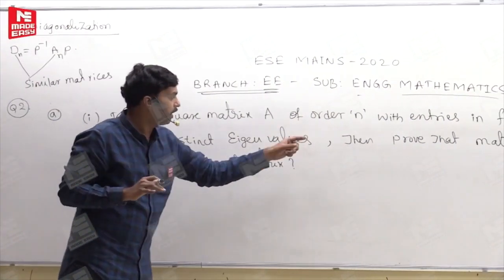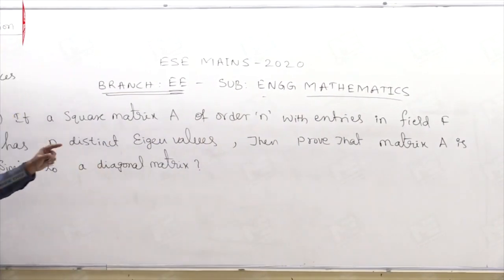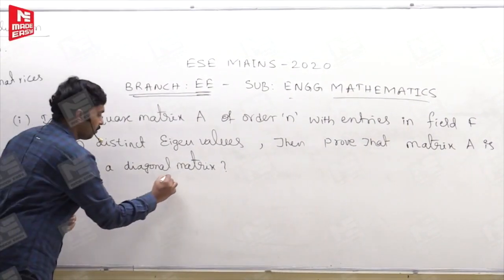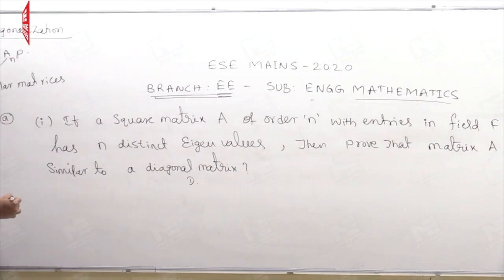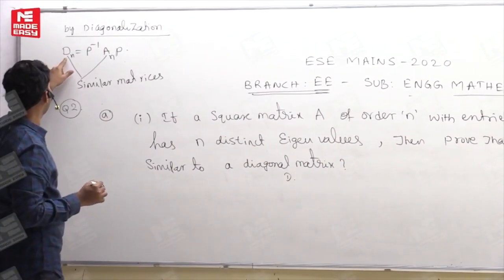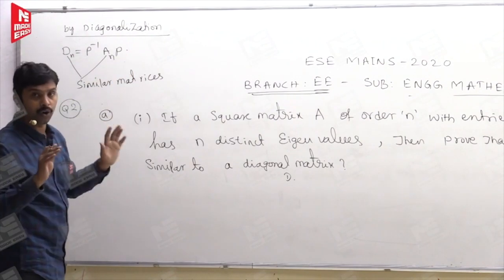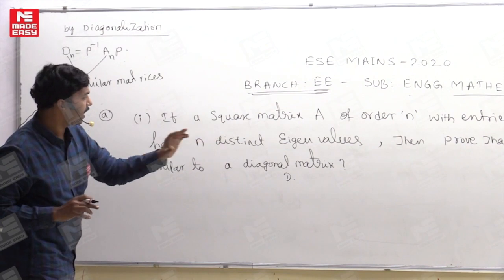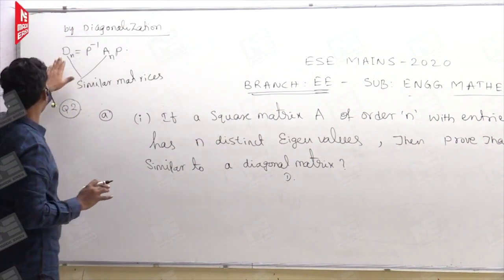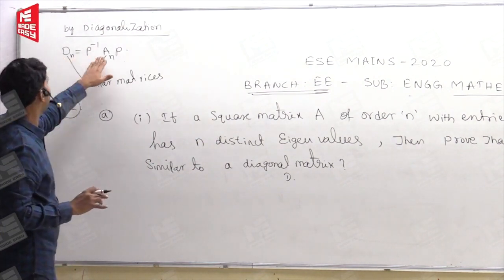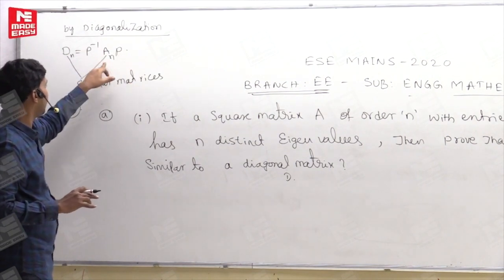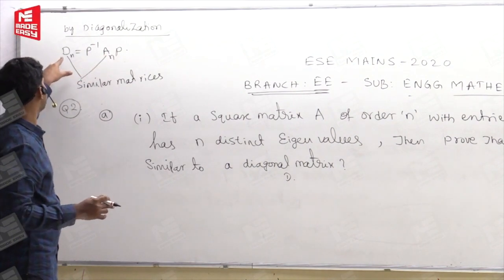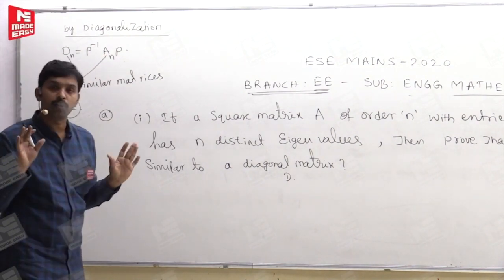And then we have to prove that the matrix A is similar to a diagonal matrix D. So that means, can we get D as P inverse AP or not? If we can write the diagonal matrix as P inverse AP for a given matrix A, then we can say that this matrix A and this matrix D are similar to each other.